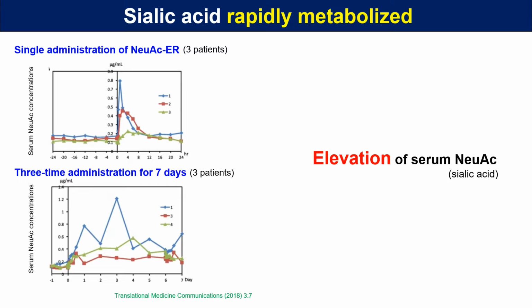And also you can see in the figure below that sialic acid concentration elevated in 3 times administration for 7 days. Even though there is a big individual difference, extended release tablets form could elevate serum sialic acid concentration.